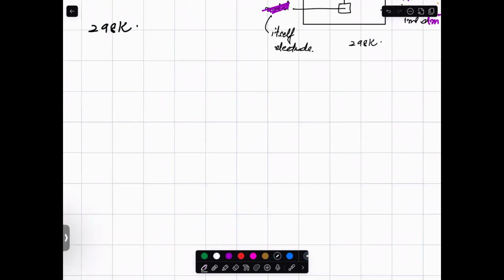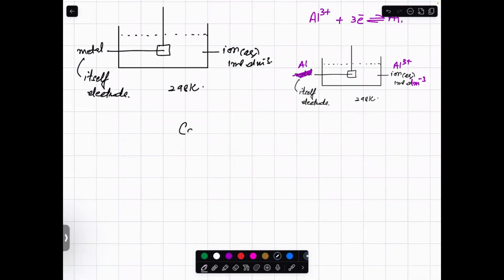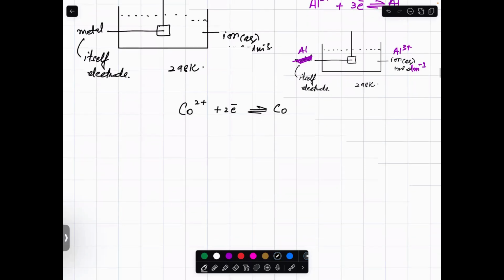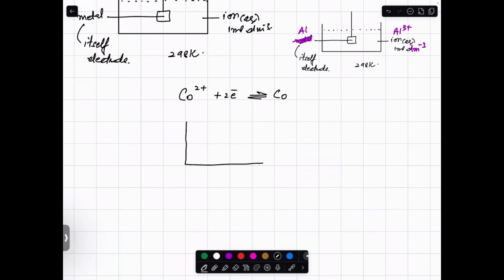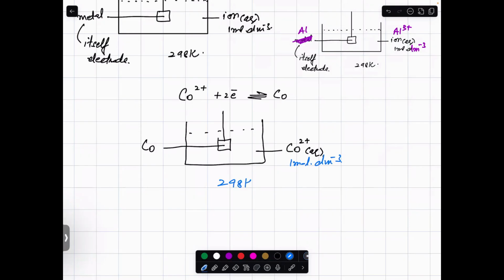So if they ask me to draw it for, suppose, Co2+ gain 2 electrons, cobalt, how will you draw this? This is the container. This is the cobalt metal itself as electrode. And this is Co2+ aqueous, 1 mole per dm cube, and 298 Kelvin.